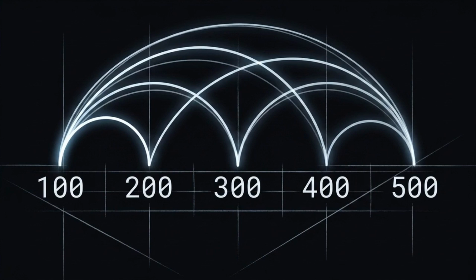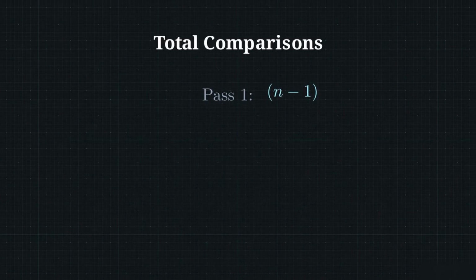Now that we understand the physical movement, we need to quantify the raw mathematical cost of executing those comparisons. Look at this equation. In pass 1, evaluating an array of n elements requires exactly n-1 comparisons to find the minimum. As the sorted partition grows, the cost arithmetic progresses downward.